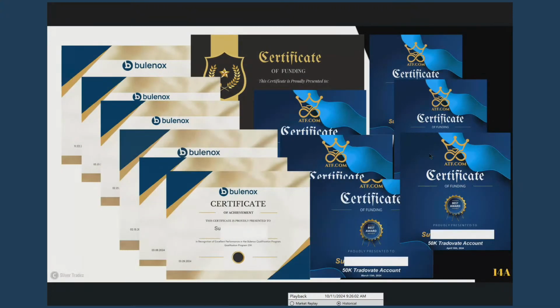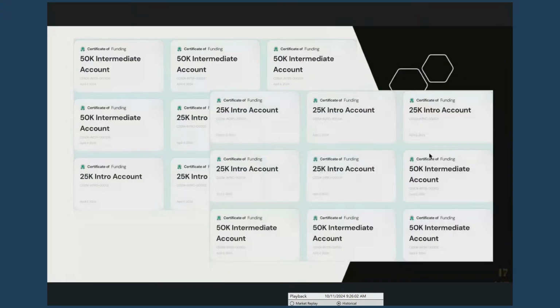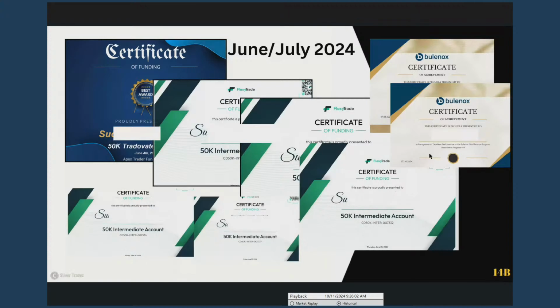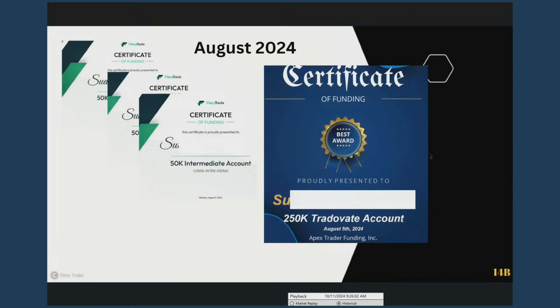And this is an example of some certificates that you receive once you pass an evaluation by a funding provider. Here, the premise is you don't use your own money. There are companies. We help you get the funds for trading, so you don't risk your own money. And there is an evaluation process in that program, which once you pass, this company sends you a certificate like this.